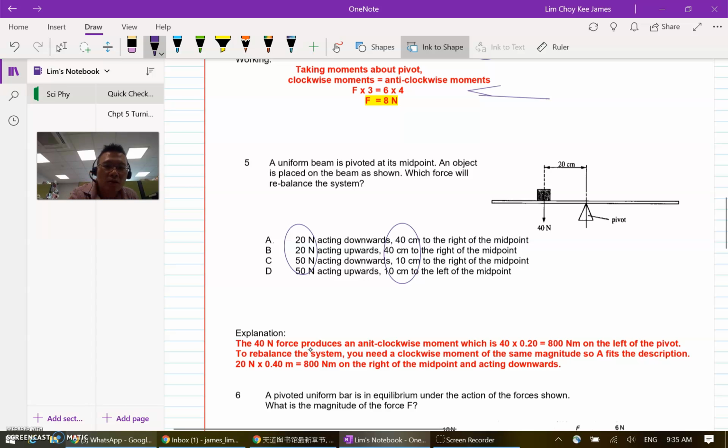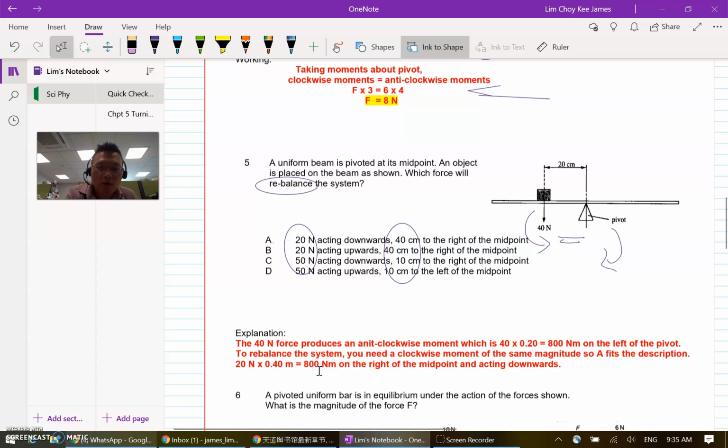The idea you are looking out for is that the total anti-clockwise moment must be balanced with the clockwise moment. So when we say I need to balance, the anti-clockwise moment must be equal to the total clockwise moment. So you need to look at option A, B, C and D. Which option gives you the necessary anti-clockwise moment, followed by the correct magnitude.